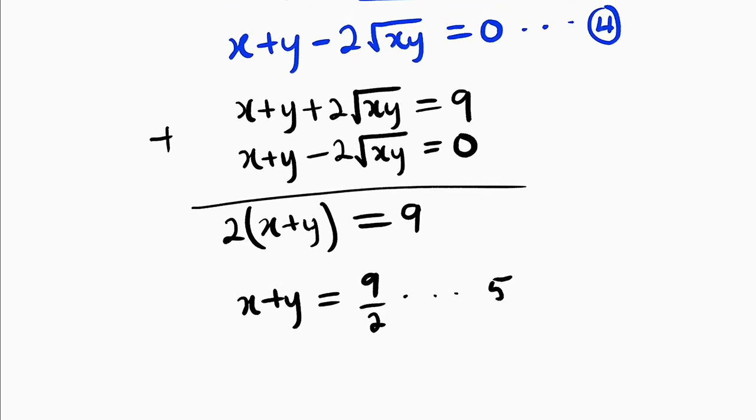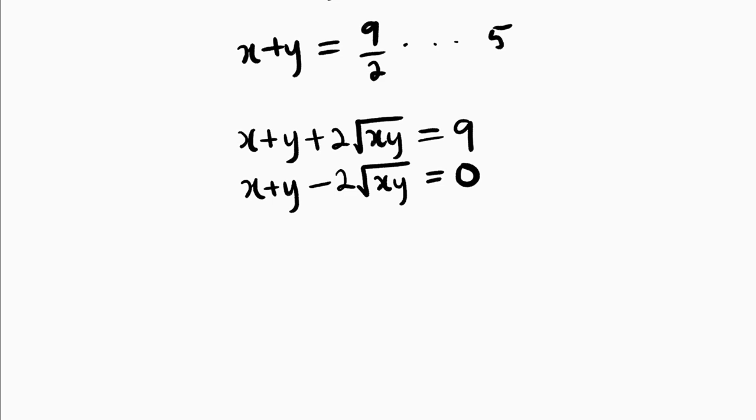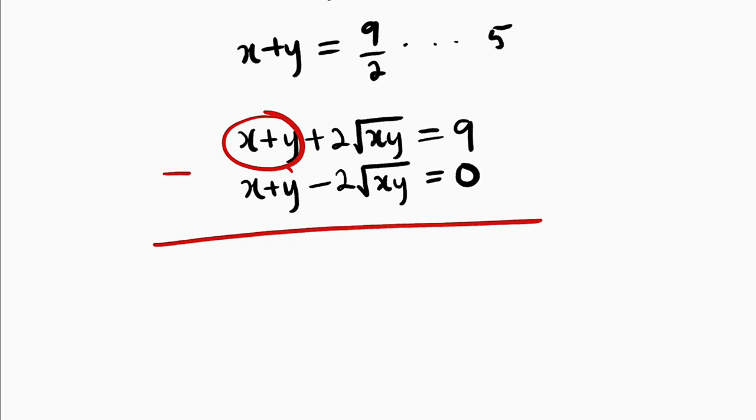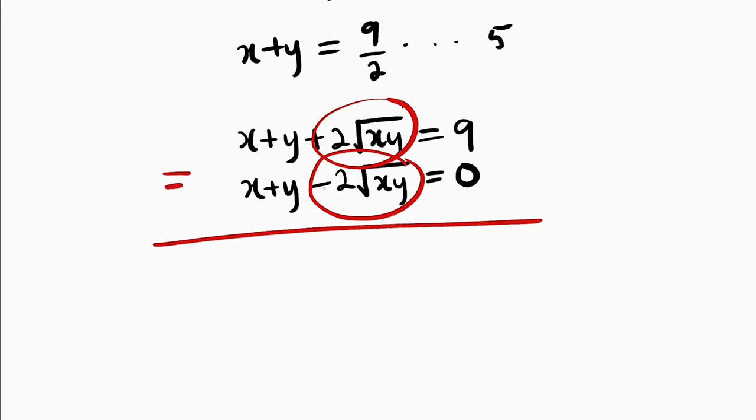Now what we need to do next is to also subtract these two equations. So let me just copy them. Now if we subtract, you can see that these terms will go automatically, and the middle terms, if subtracted, that negative sign will turn this one to positive.